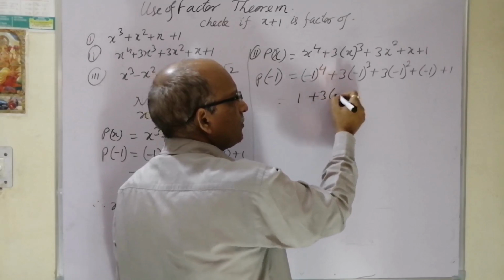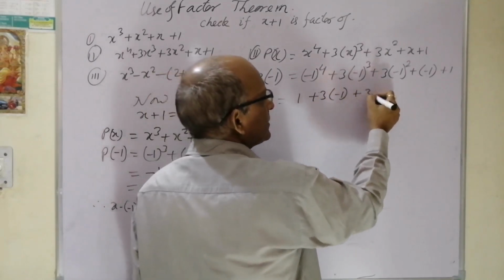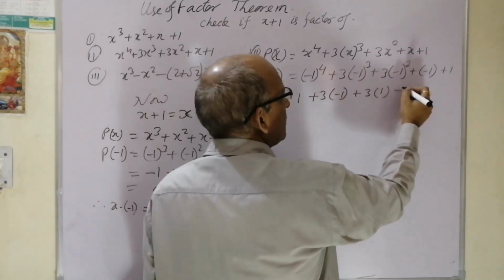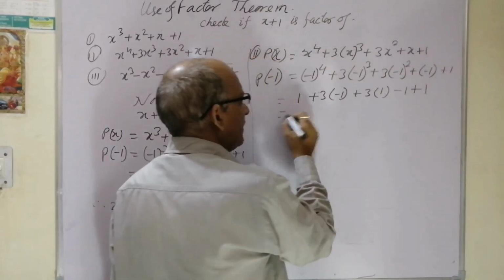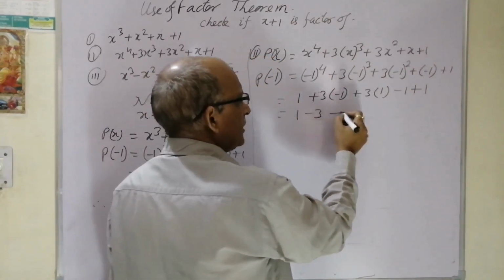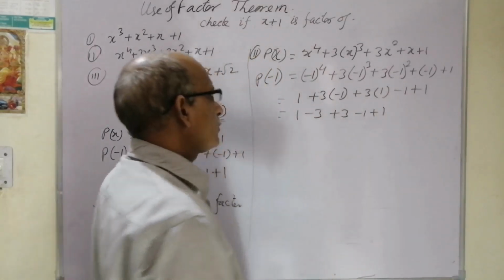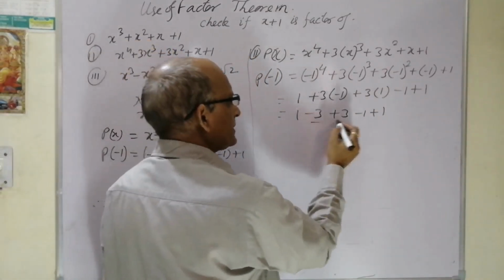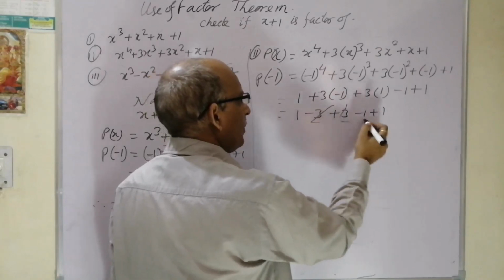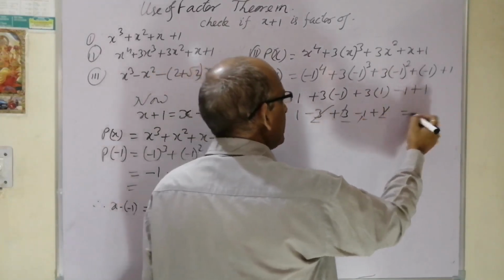Plus 3 into minus 1 plus 3 into plus 1 minus 1 plus 1. So we have 1 minus 3 plus 3 minus 1 plus 1. 3 and 3 got cancelled, 1 and 1 got cancelled, so we'll have 1.